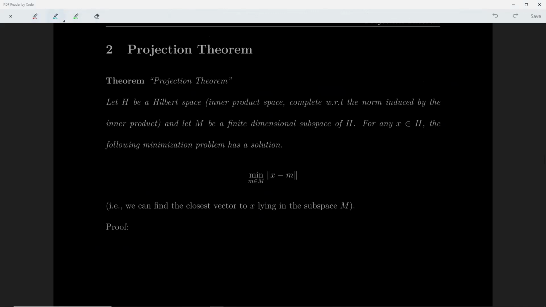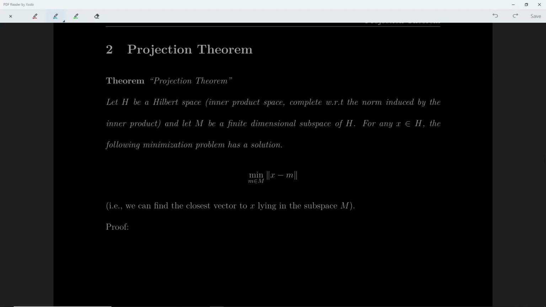So the projection theorem states: let H be a Hilbert space, and we know by this time that a Hilbert space is an inner product space complete with respect to the norm induced by the inner product.